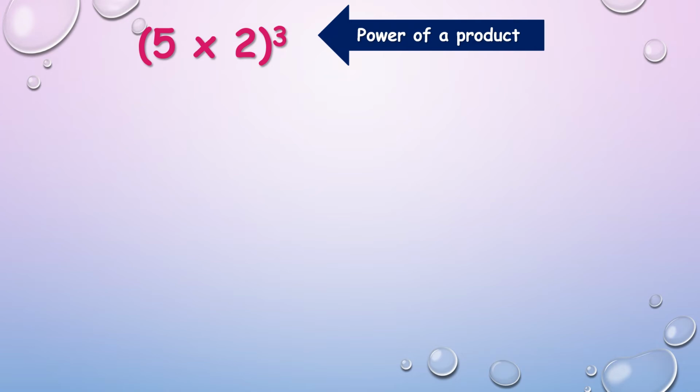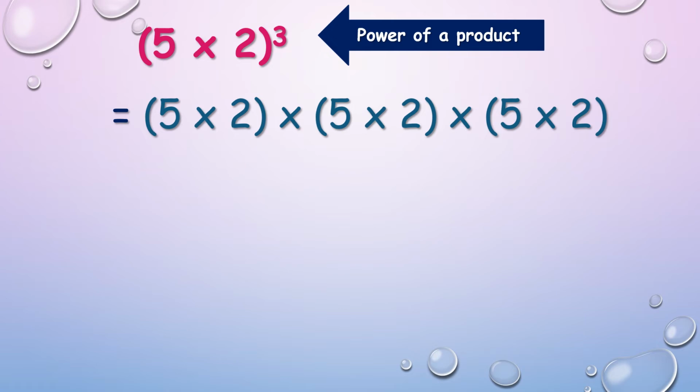This is a power of a product. Then when we expand this power of a product, you can write it as 5 times 2 times 5 times 2 times 5 times 2. There are 3 5 times 2's.